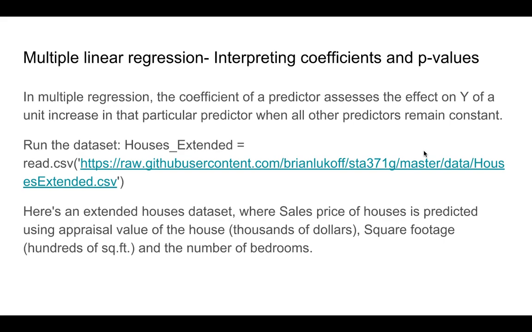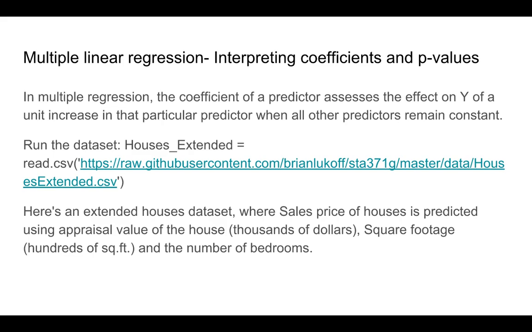How do you interpret the coefficients and the p-values in multiple linear regression? As you know from simple linear regression, the slope of the predictor variable is indicative of the amount by which your y increases for a unit change in x.